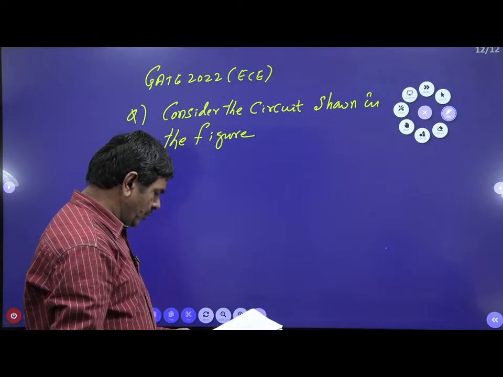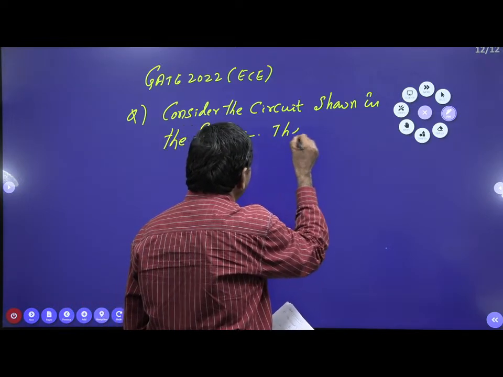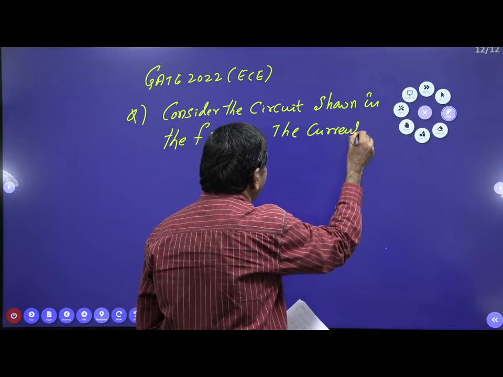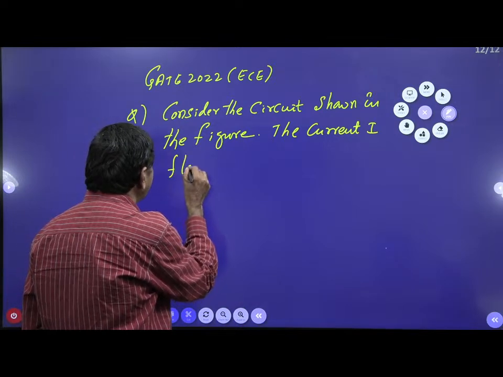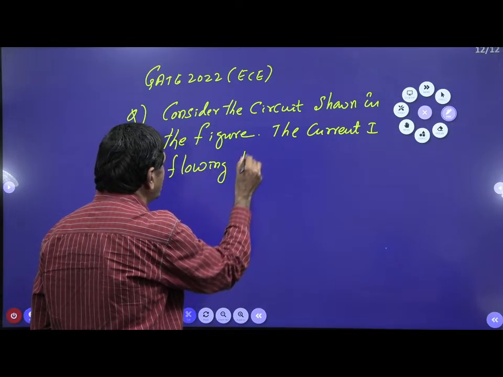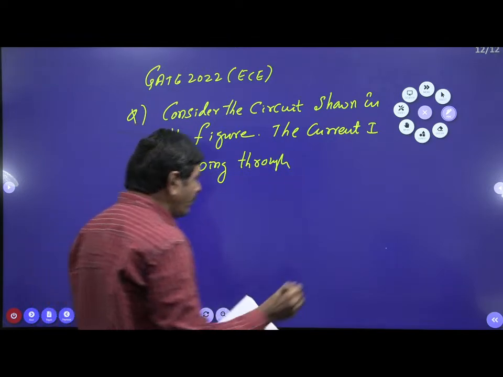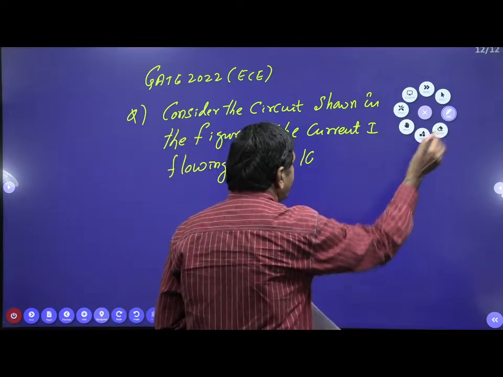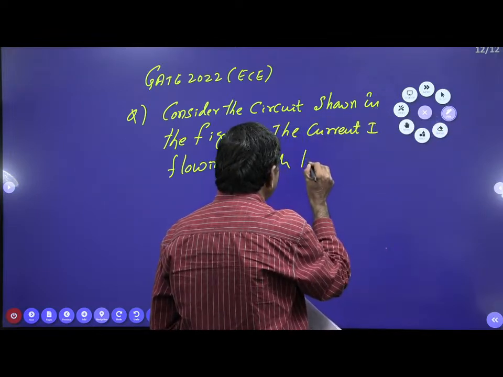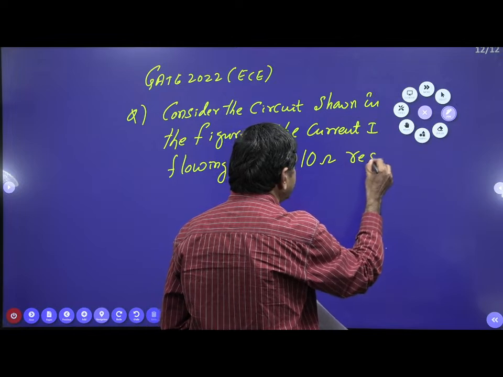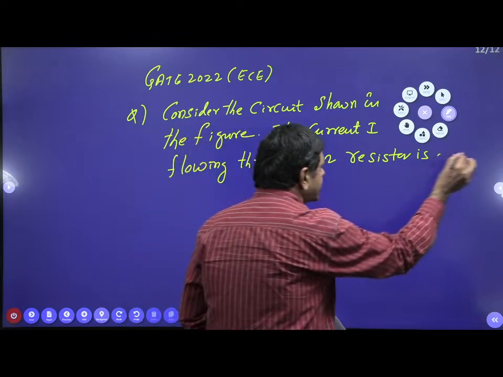The current flowing through the 10 ohm resistor, the current I, that is denoted by symbol I, flowing through the 10 ohm resistor is dash.